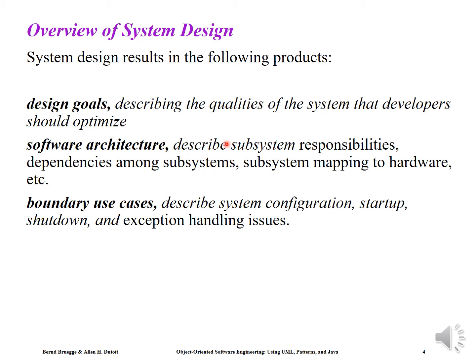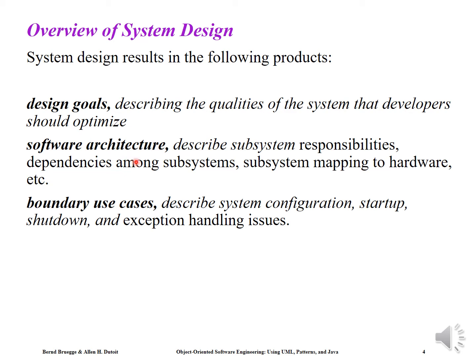So, overview of system design. System design results in the following products: design goals, which describe the qualities of the system that developers should optimize. The design goals are derived from non-functional requirements.